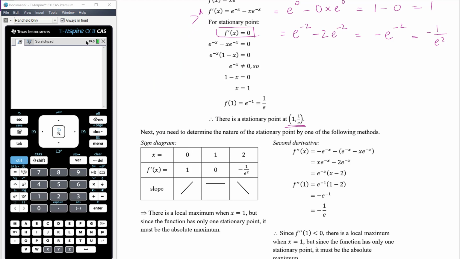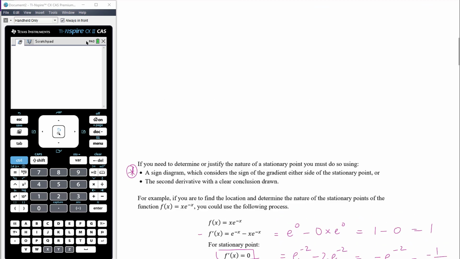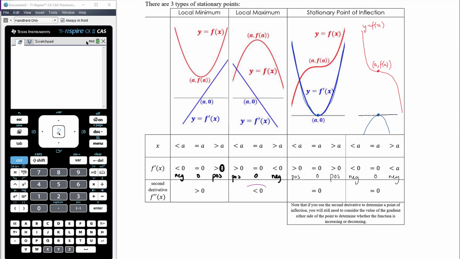Now, if you use the second derivative, so you differentiate the derivative to get the second derivative, which in this case is a little bit complex because you have to do product rule again, and the tidying up takes a little bit. And then you will look at the value of the second derivative at the stationary point. Okay, and in this case, the second derivative is negative, and a negative second derivative means that we have a local maximum.